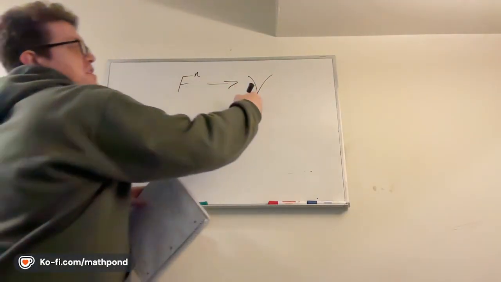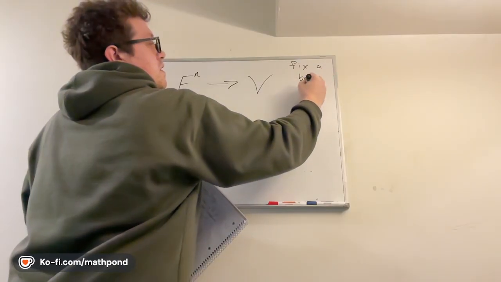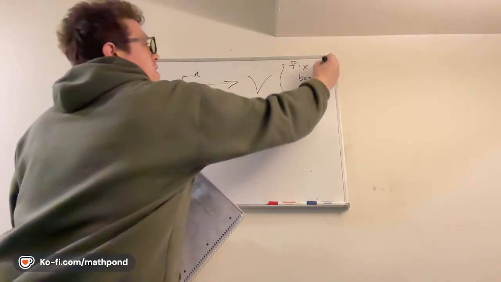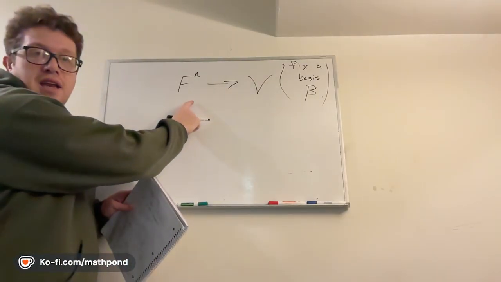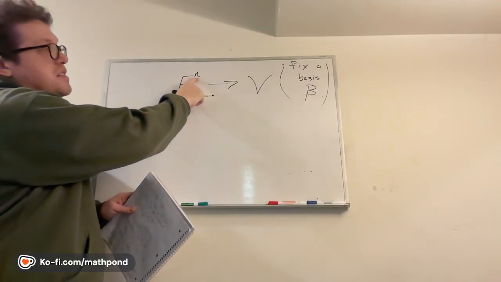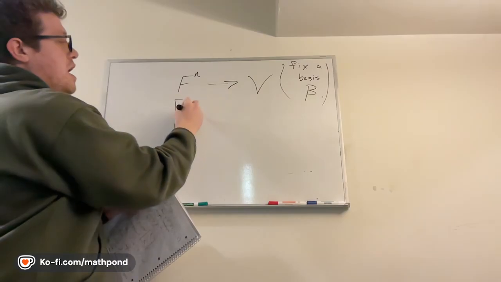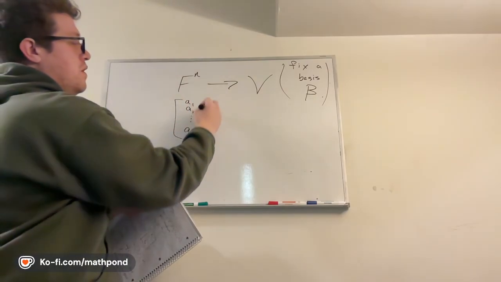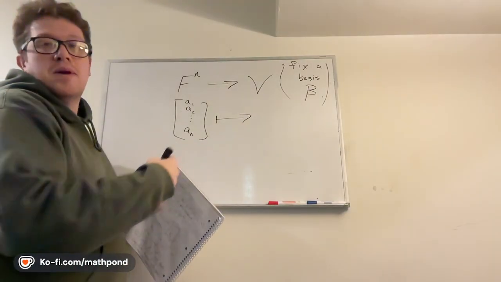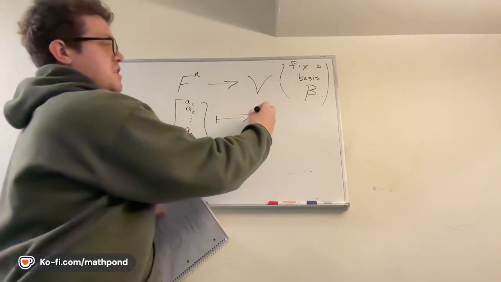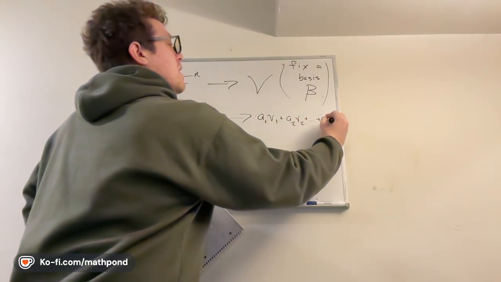If we have a vector space V that's finite dimensional and I fix a basis, where n is the length of the basis, I can take any vector of coordinates a1, a2, through an, and send it to the linear combination of the basis vectors: a1 v1 plus a2 v2 plus through an vn.